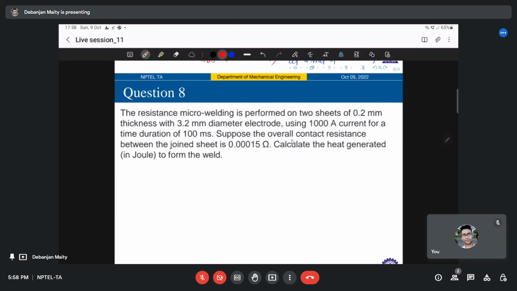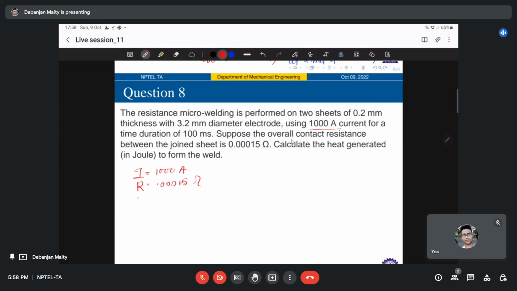So let us try to figure out what is given and what needs to be calculated. So here the current value is given. I is equal to 1000 ampere. Resistance value is given, 0.00015 ohm.